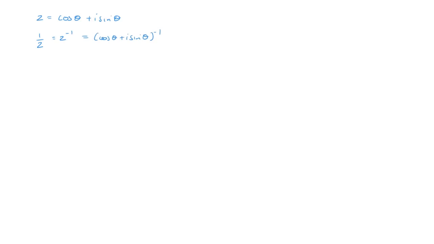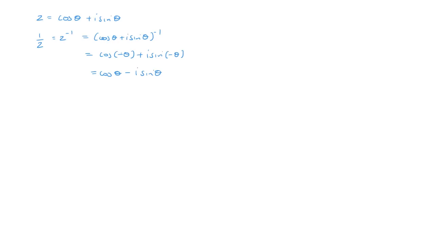And then using De Moivre's theorem, that would mean it's cos of minus theta plus I sine of minus theta. And we all know that this is just simply cos theta minus I sine theta. So that gives me my 1 over z.